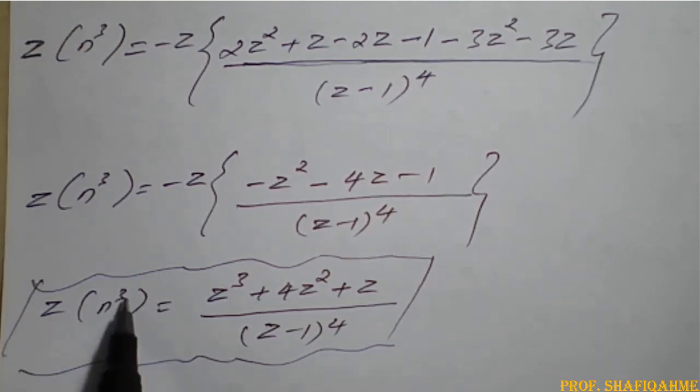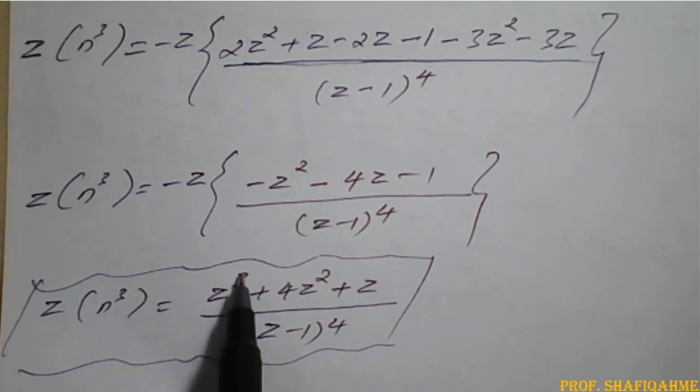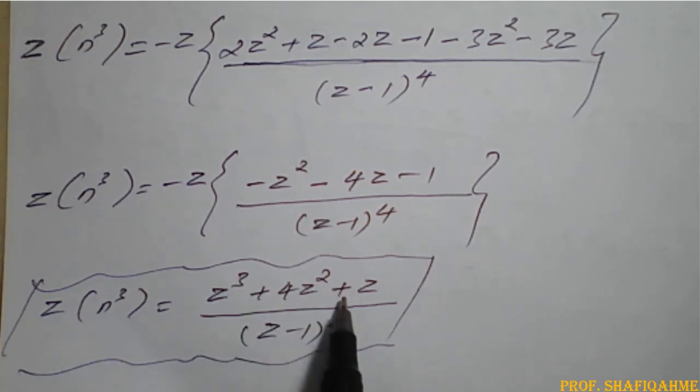So z transform of n cube is nothing but z raised to 3 plus 4z square plus z whole divided by z minus 1 raised to 4.